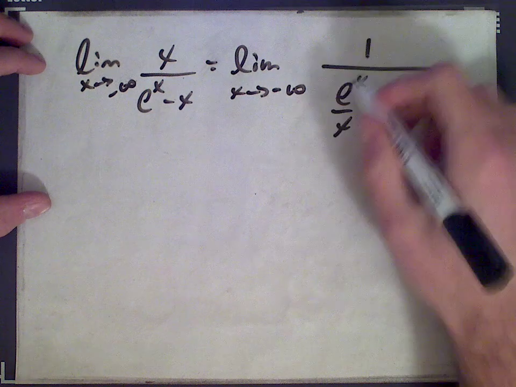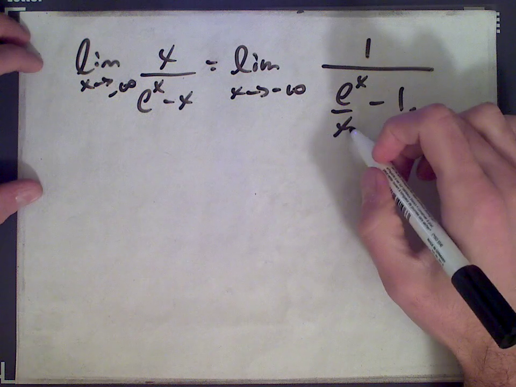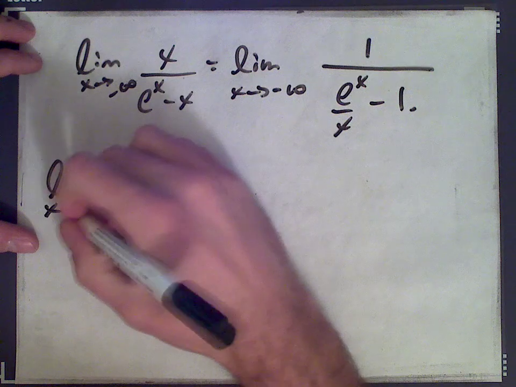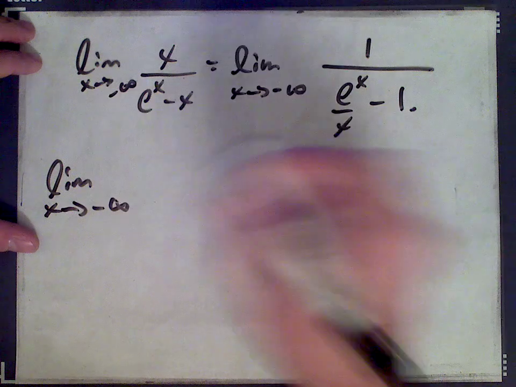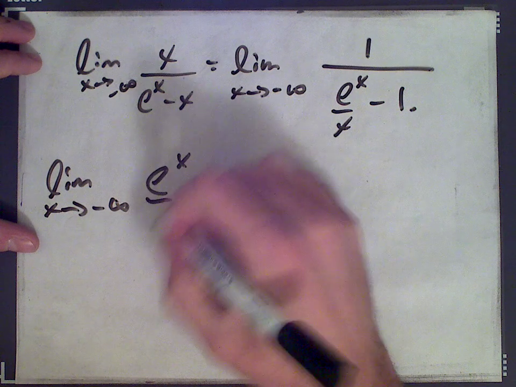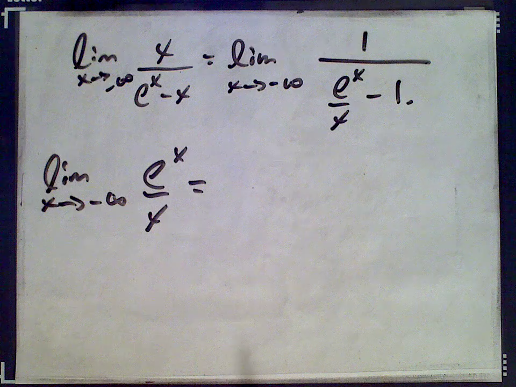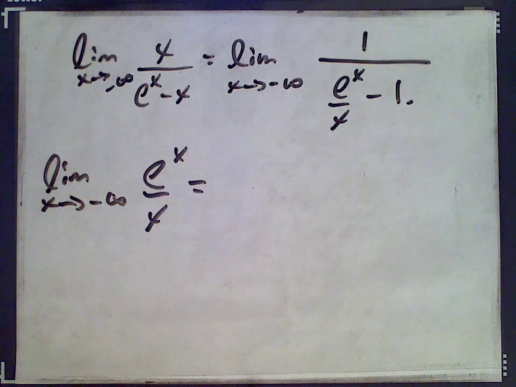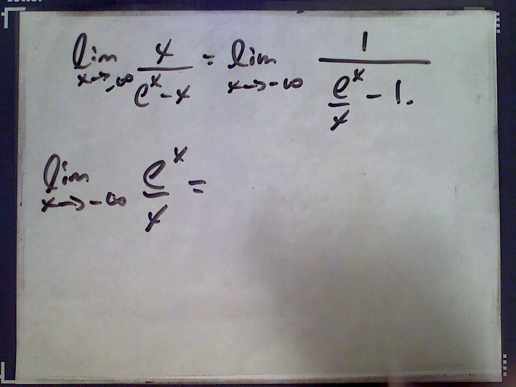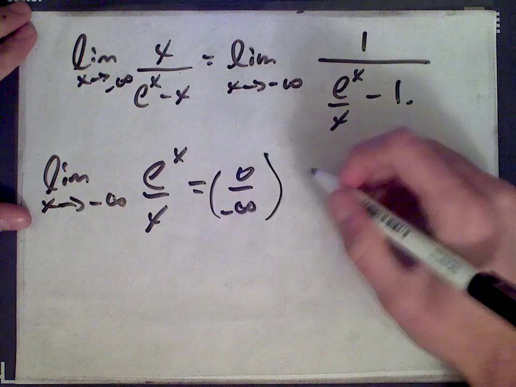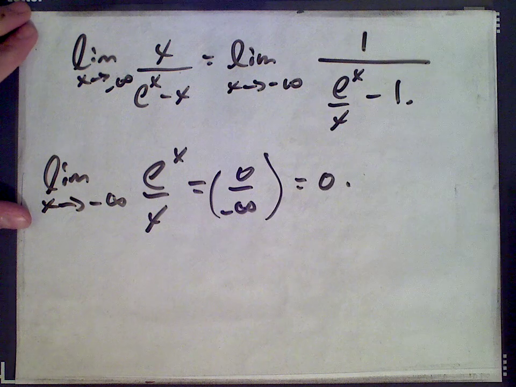So now we need the limit of e to the x over x as x goes to minus infinity. Well, e to the x as x goes to minus infinity goes to 0. So we get 0 over minus infinity in some sense, which is 0.